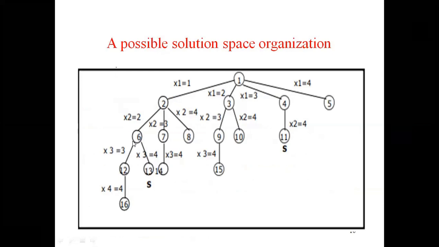Where 1, 2, 6, 13 is the path. So x1 equal to 1 means the first one is considered. At the next level, x2 equal to 2 means the second node is considered. At the next level, the next branch is considered.